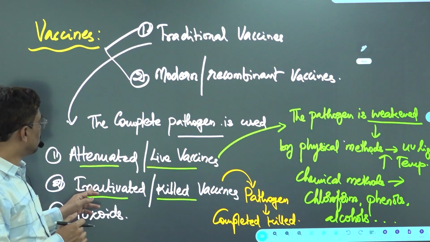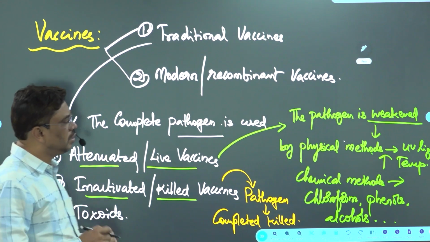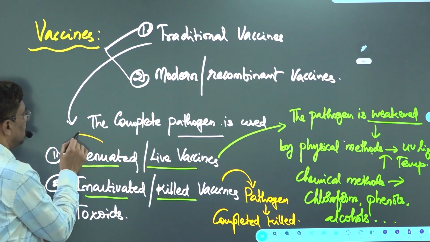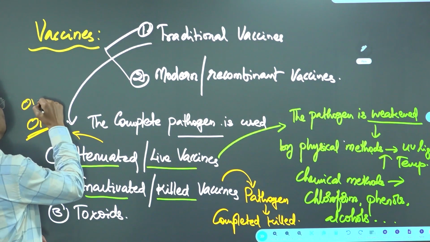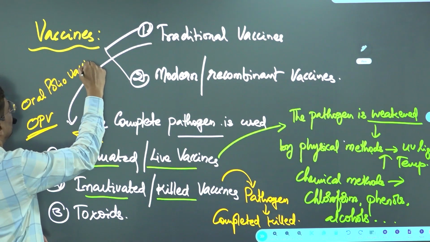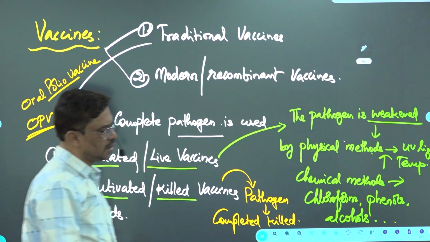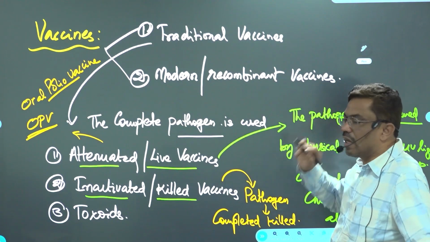These types of vaccines are called inactivated or killed vaccines. For example, an attenuated vaccine is OPV, oral polio vaccine. This OPV is an attenuated or live vaccine.